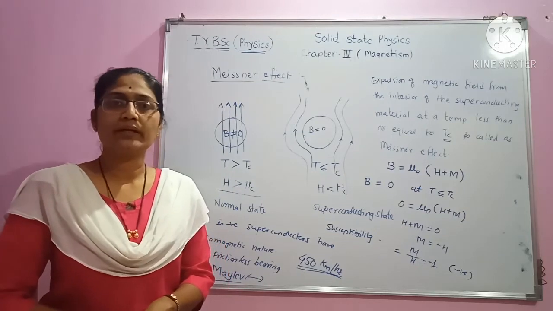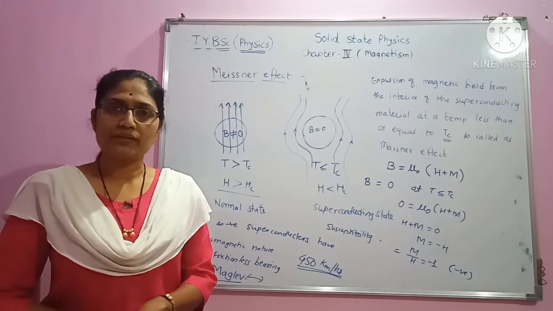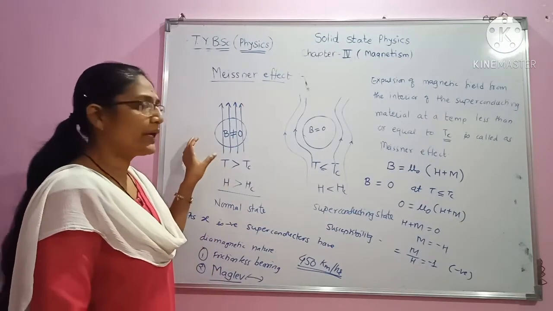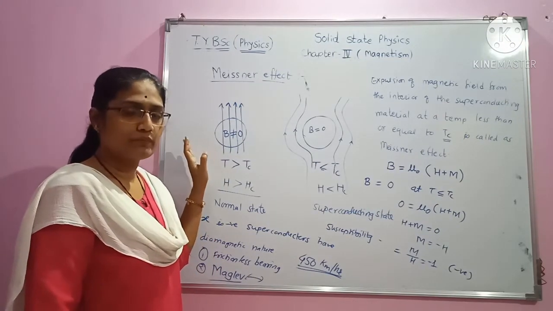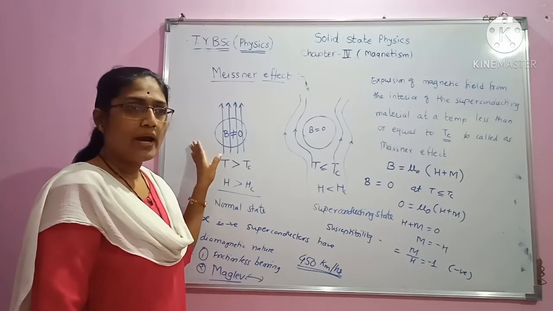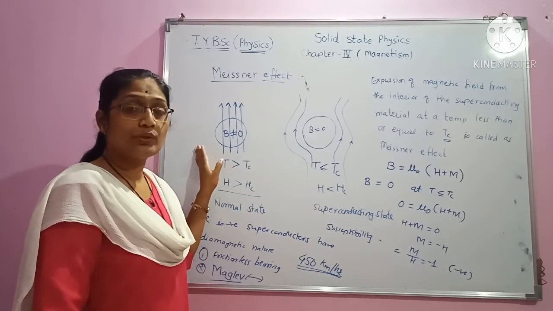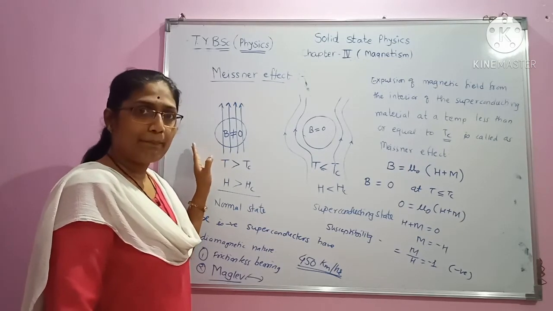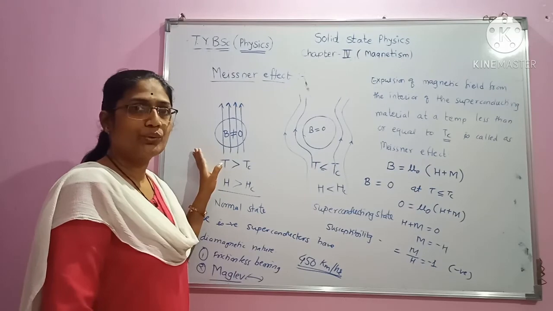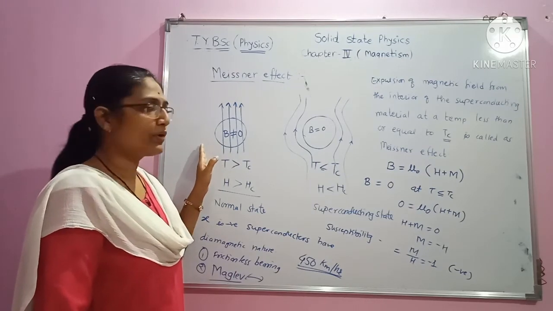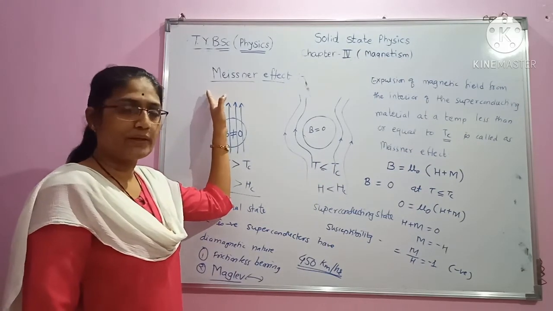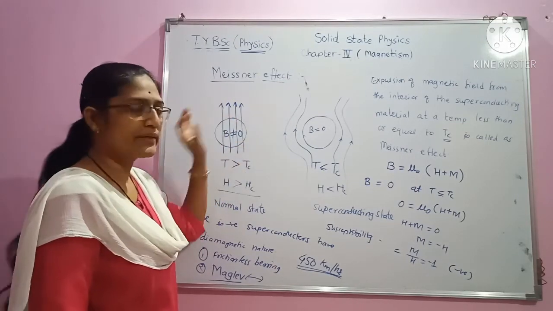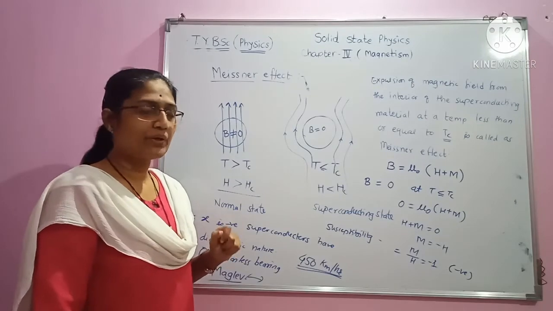It was discovered in 1933 by Meissner and Rosenfeld, and they have shown that if we take a superconductor and its temperature is above critical temperature, and we apply an external magnetic field to it, then magnetic lines of flux will penetrate through the material, and this condition denotes the normal state of the given superconducting material.